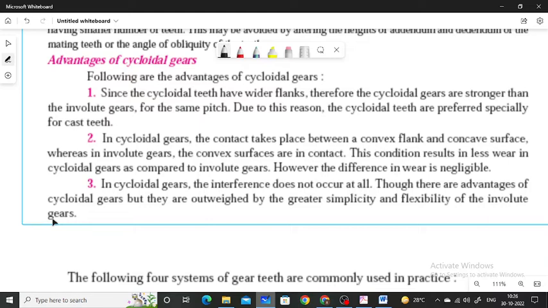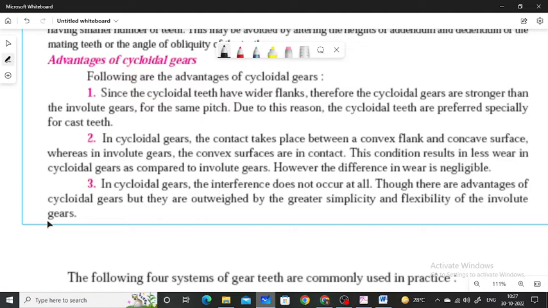The next advantage of the cycloidal teeth is in cycloidal gears the contact takes place between a convex flank and concave surface, whereas in involute gears the convex surfaces are in contact.